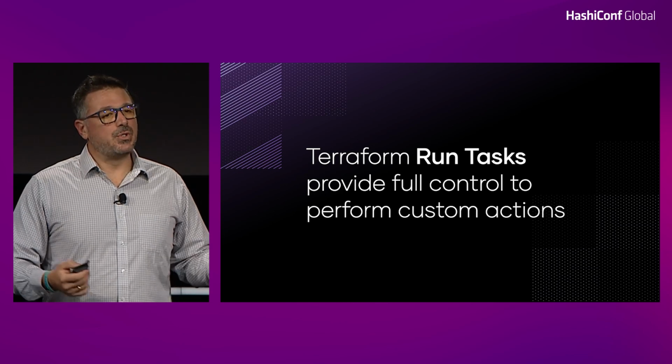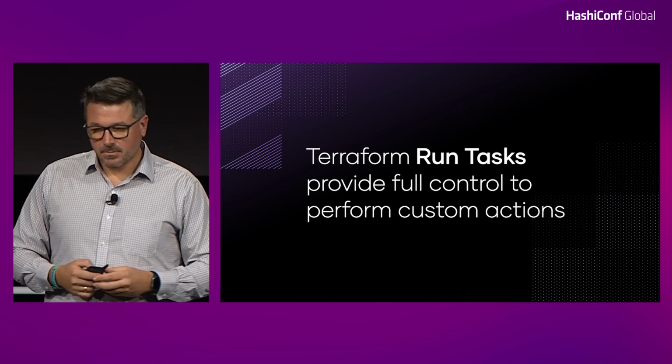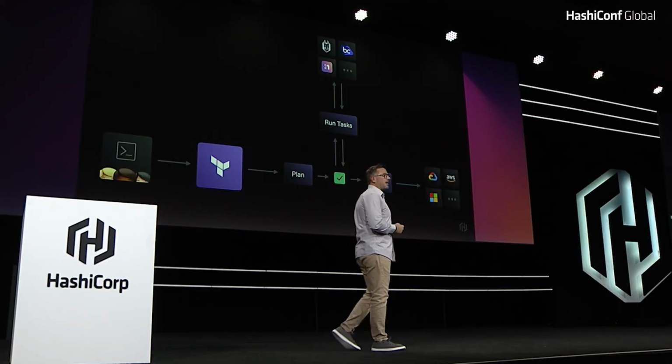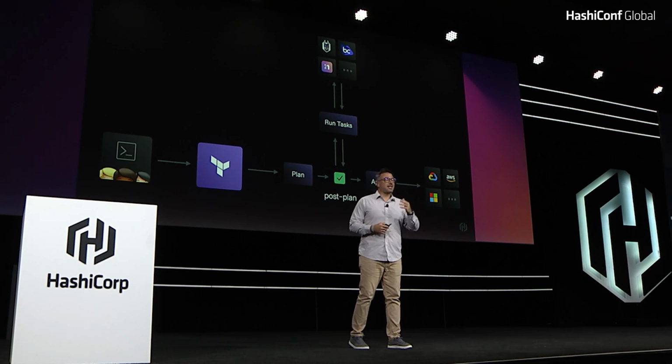But in that place where Sentinel and policy sits, we also introduced the concept of run tasks. So this will look familiar to you. I just showed you a very similar chart or diagram showing where Sentinel sits.